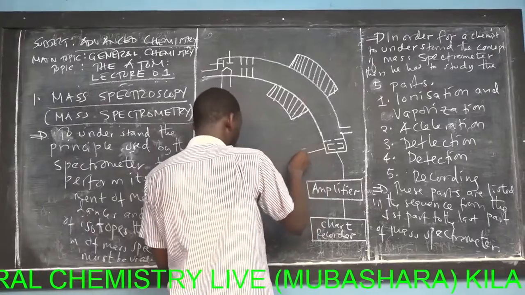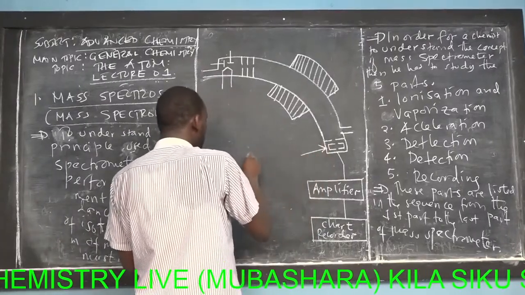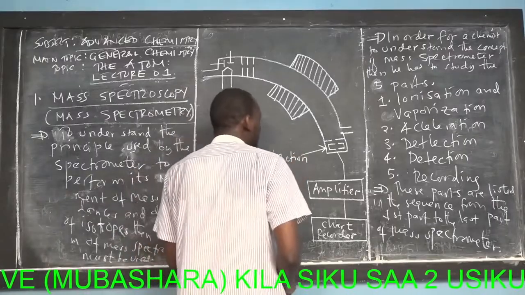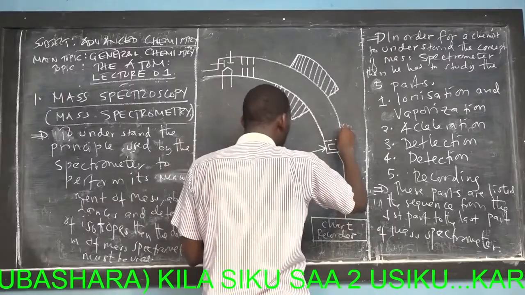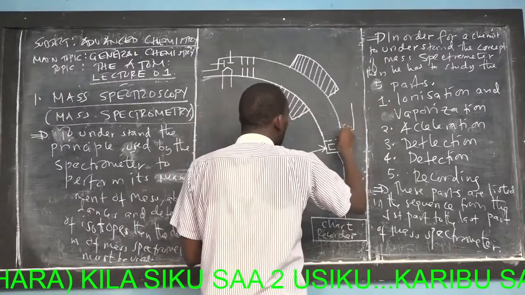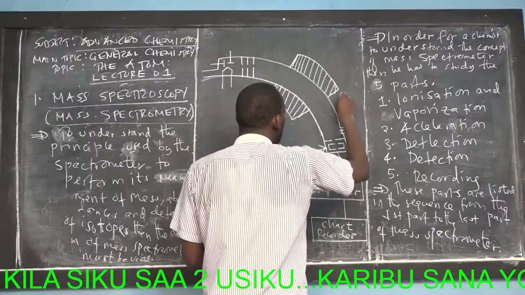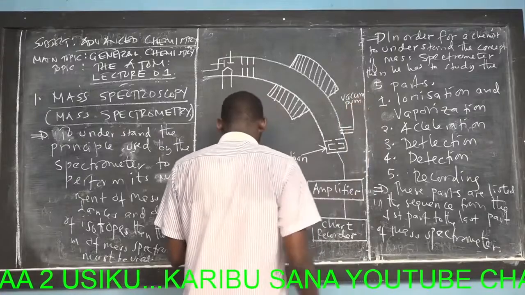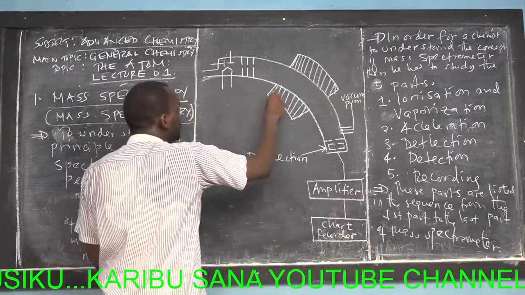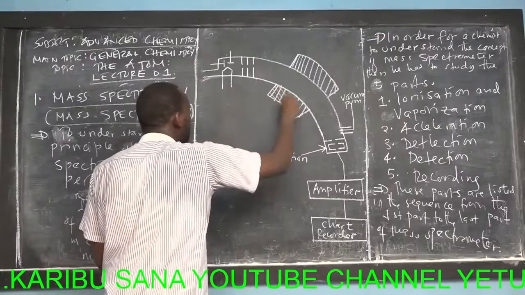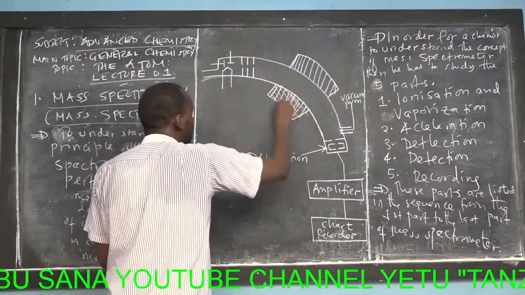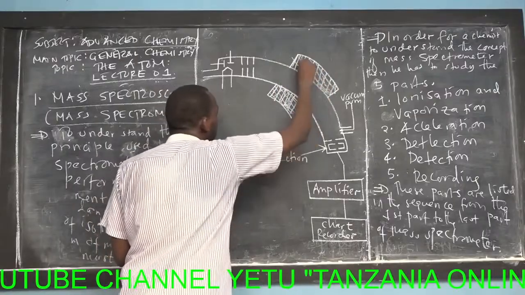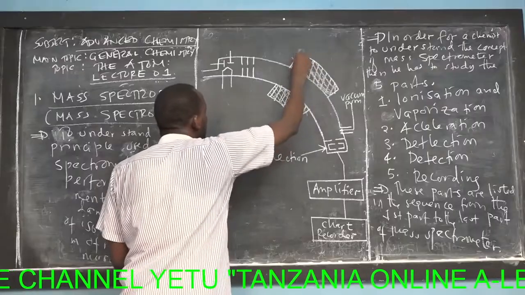So this point we call deflection, and this one is called the vacuum pump. This section has a shadow.